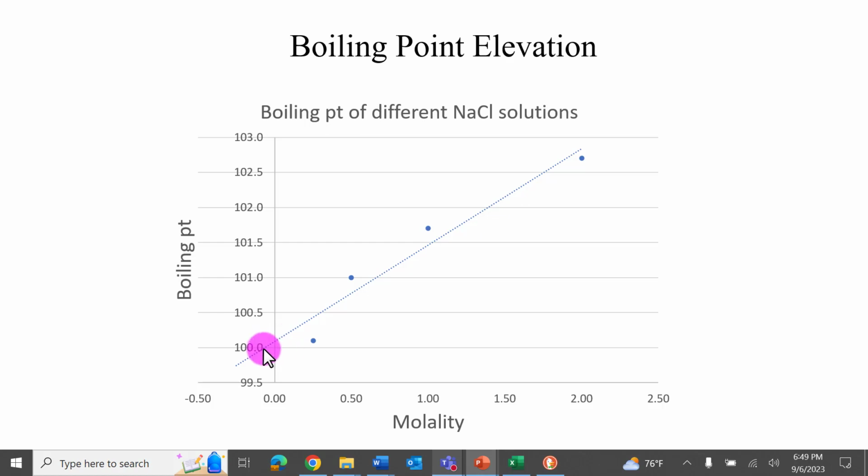But because of experimental error and such, we don't quite get to 100 degrees Celsius. But you need to graph this and include it in your lab report. Make sure that you watch the video on how to do the graphing.